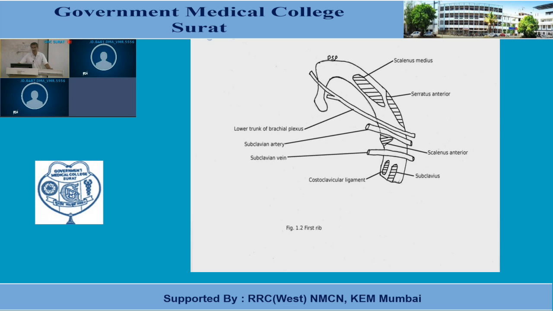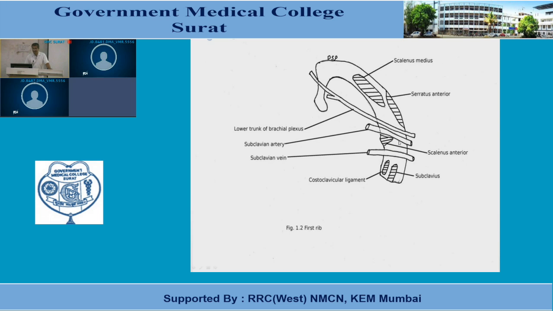Now this is the view from above, the upper part of the first rib. Here you can see the inner margin. Note the difference: inner margin and outer margin, not inner surface. In relation with this inner margin there is one tubercle, an elevated structure, known as the scalene tubercle, which shows attachment of the scalenus anterior muscle.